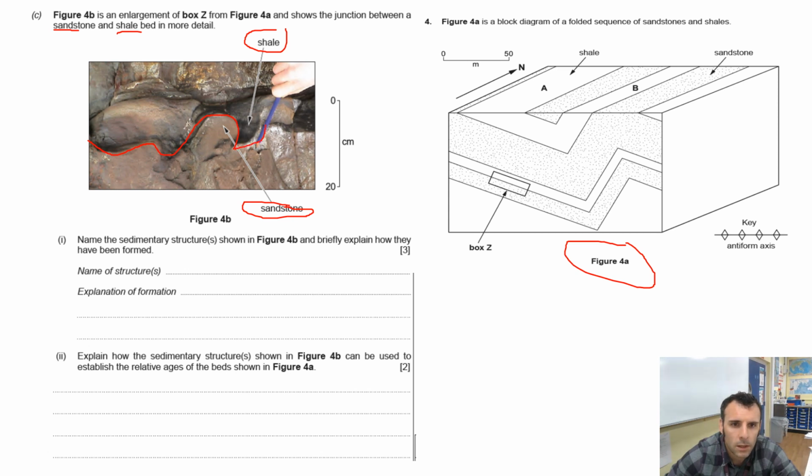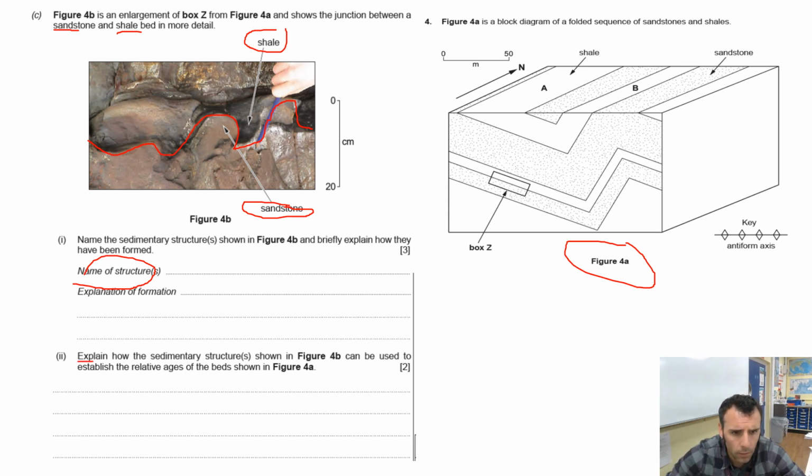So that undulating surface is going to be absolutely key, and the sandstone's below there and the shale's above. Now that is clearly a sedimentary structure, so look at the sedimentary structure masterclass. This looks like it might be post-depositional, so there's your little clue.